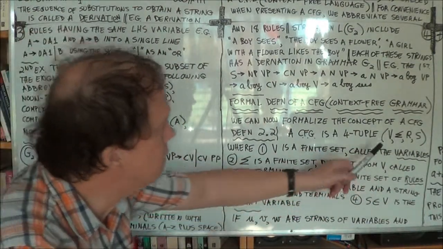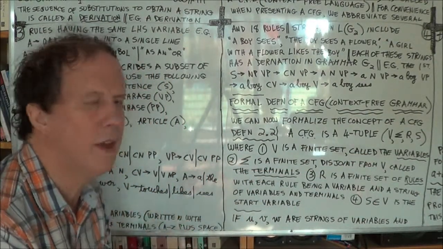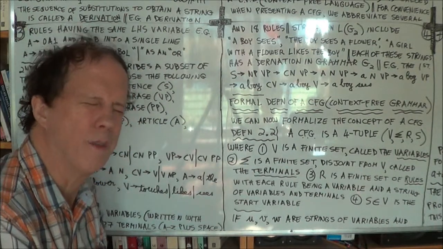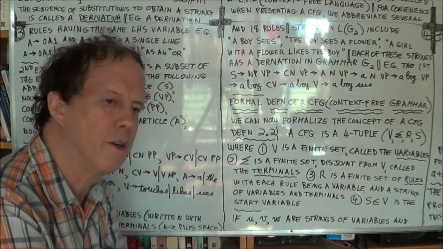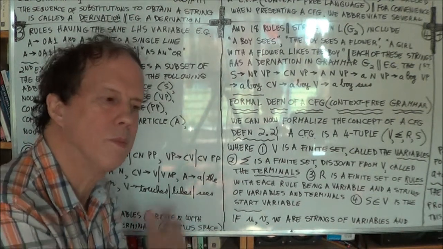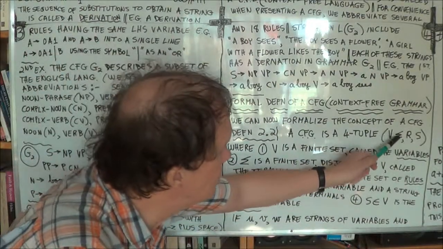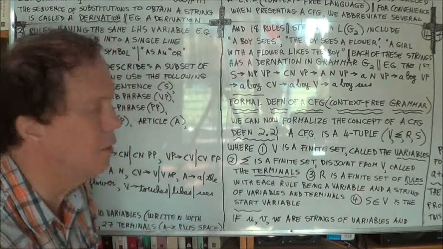So in other words, this set and this set are totally disjoint. They have no member in common. You cannot have a symbol that is both a variable and a terminal. A symbol is one or the other. So these two finite sets are disjoint.